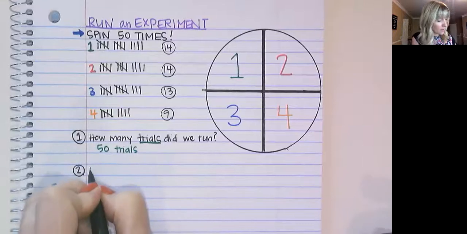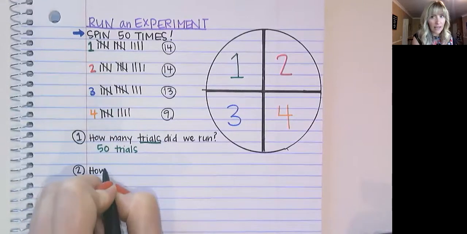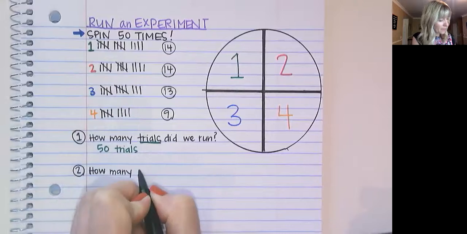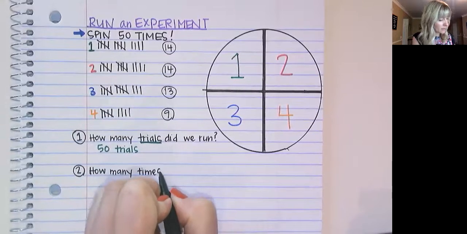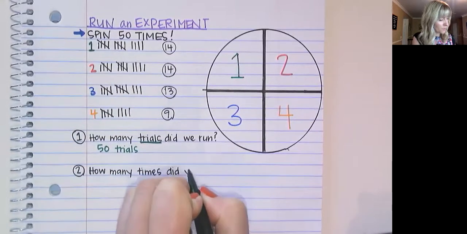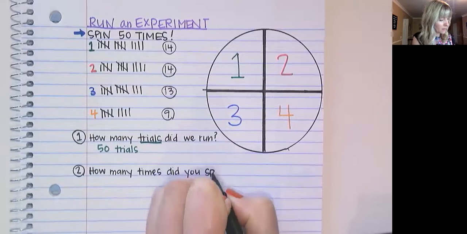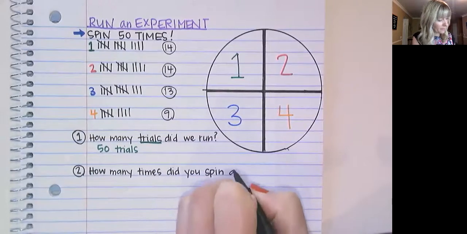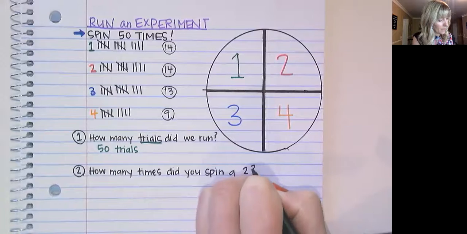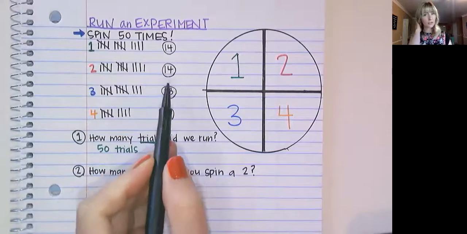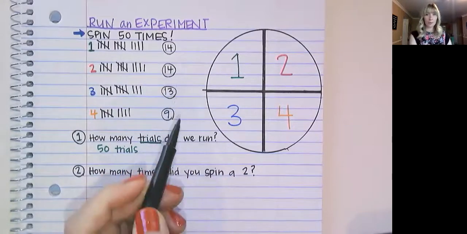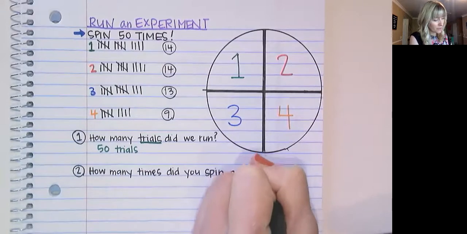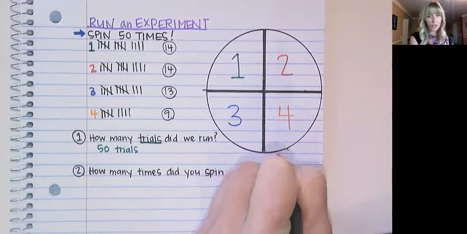How many times did you spin a 2? Now, I know that the answer just as a frequency is 14, but actually what we can do is we can also consider this a ratio.